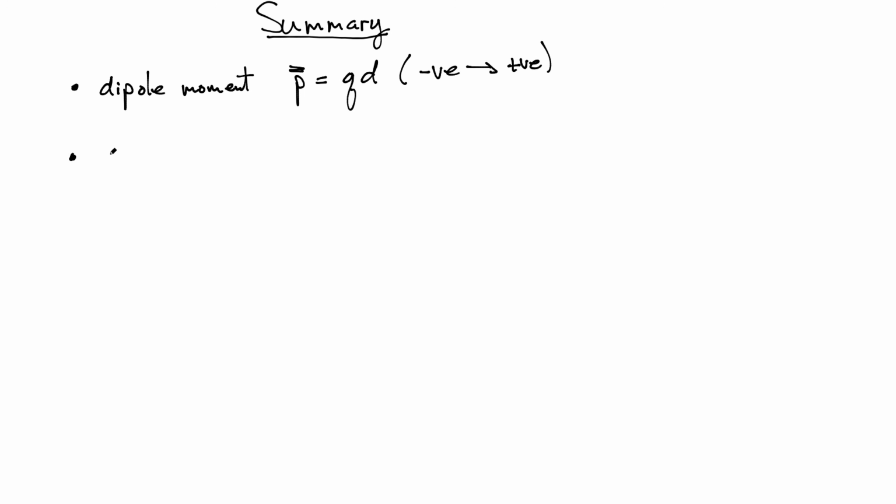This was particularly useful because you can then use the definition of the dipole moment to look at the torque acting on a dipole, and the torque is simply written as P cross E. If you write that in terms of the magnitude of the torque, you simply have the magnitude of the vector P, the magnitude of our electric field, and there's also that angular dependence that was really important, because there are some orientations of the dipole in a field where there is no torque acting on it. For example, if it's parallel or anti-parallel.